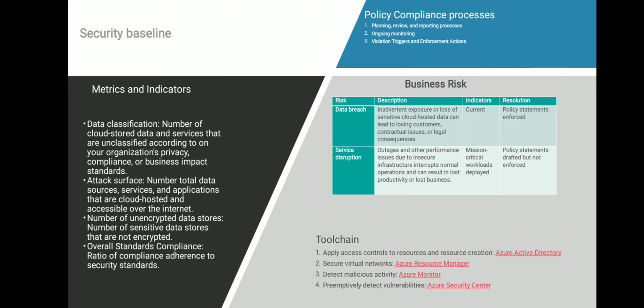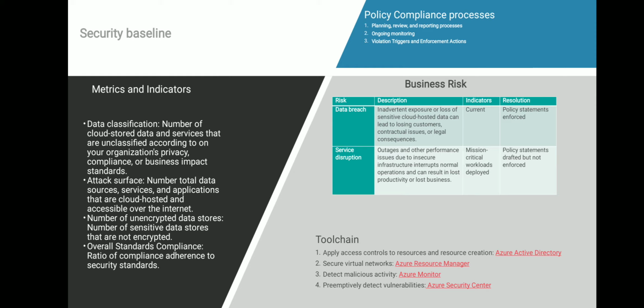From the business risk perspective, there are two areas that we need to look at: data breach and service disruption. If it is data loss, loss of sensitive cloud hosted data can lead to losing customers, contractual issues, legal consequences and so on and so forth. As a resolution, you need to have policy statements enforced.